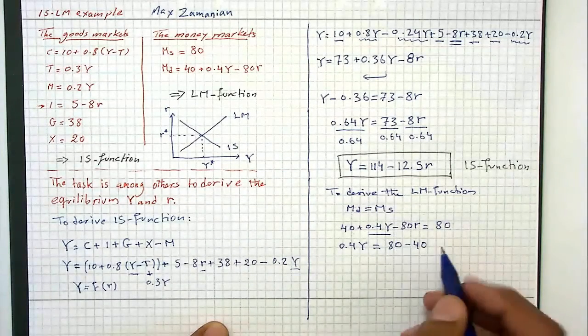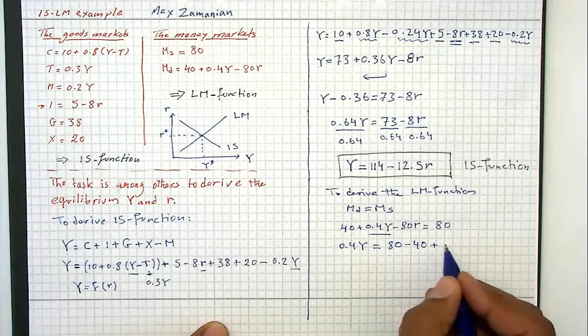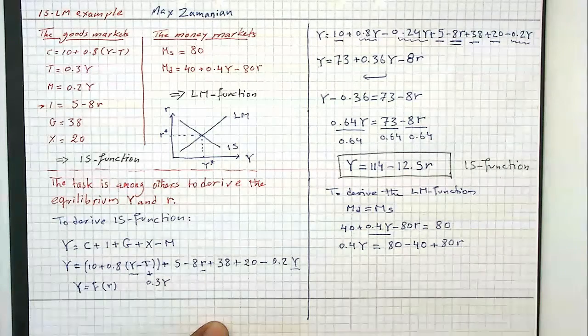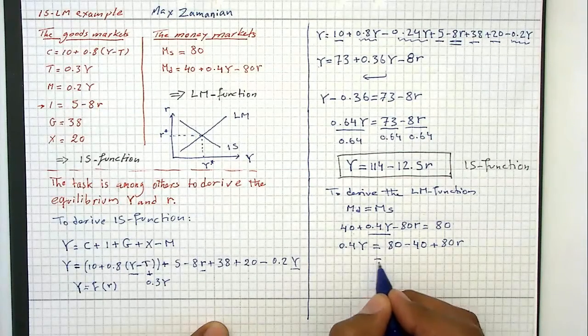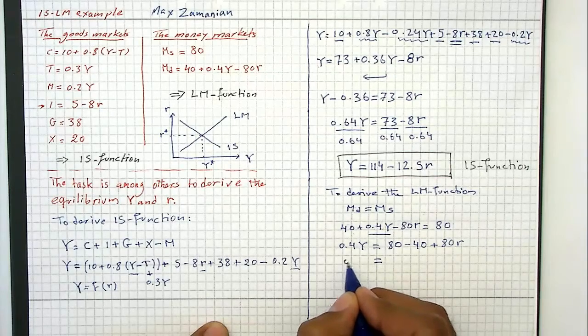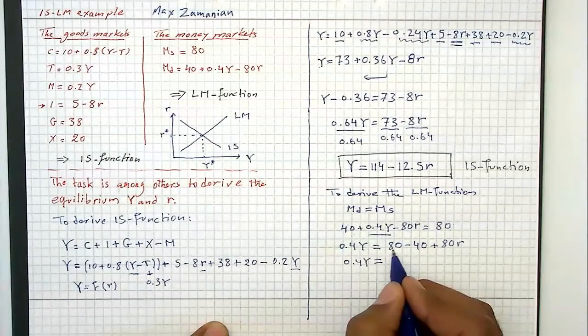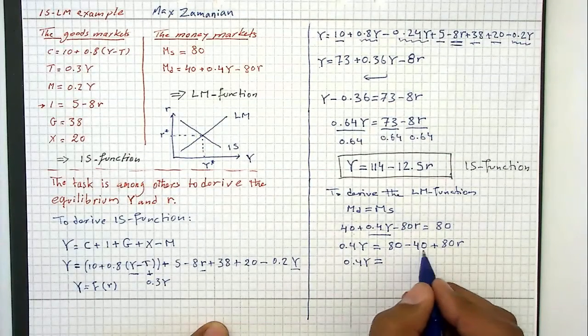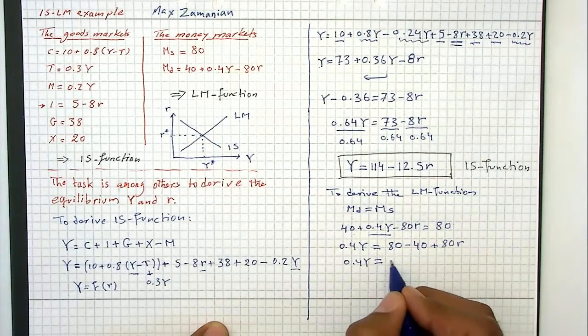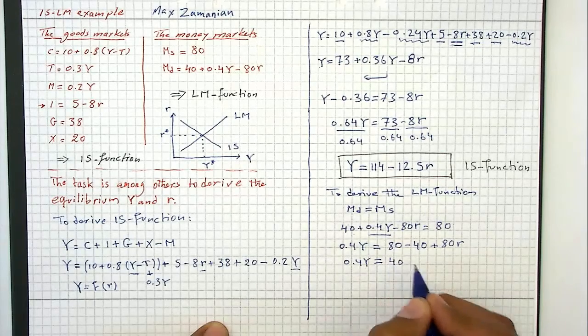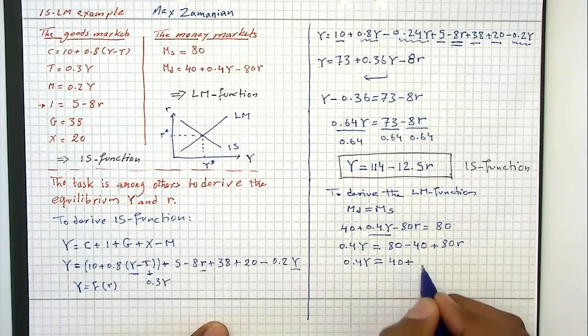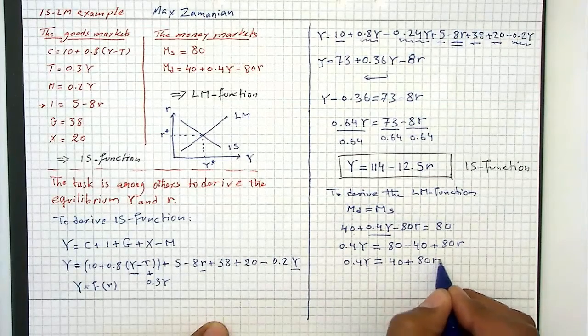I need to change the sign from minus to plus. All right. I rewrite this and then add these two together. 80 minus 40 is 40 and plus 80r.